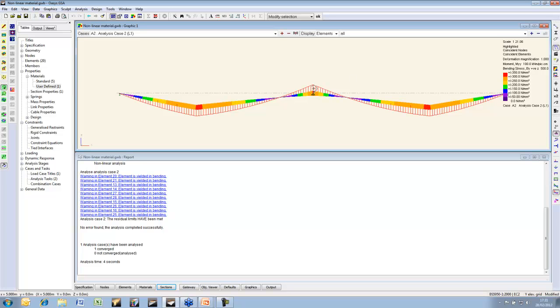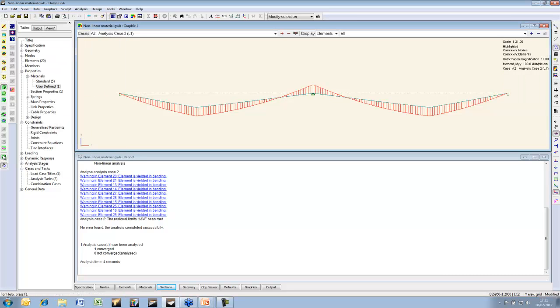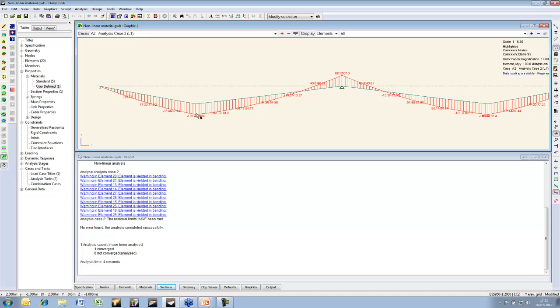The hogging point has reached its maximum moment, and we're getting yielding there and yielding at the mid span. If I switch the contours off the moment, we can see that the bending moment is quite similar between the support and the span.